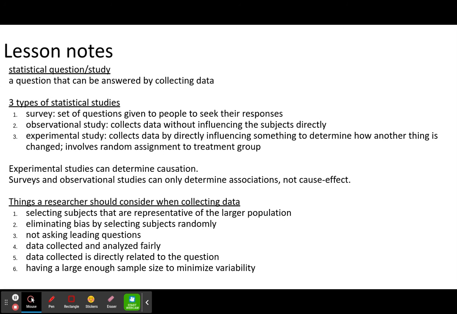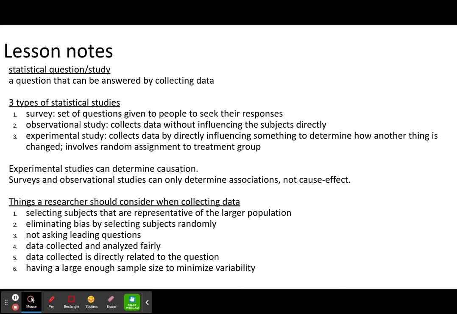So whatever study you choose, whether it's a survey, an observational study, or an experimental study, there are things that a researcher needs to consider when doing that. Number one, selecting subjects that are representative of the larger population. In other words, you want your participants in the study to be representative of the entire population. So, you want a diverse sample of people.